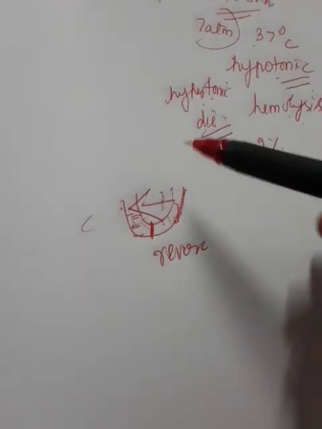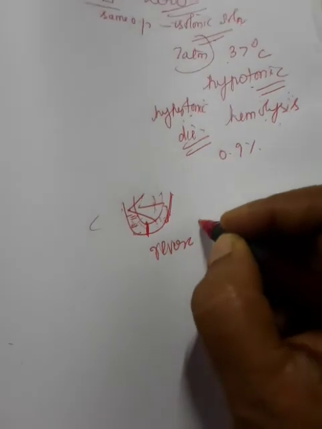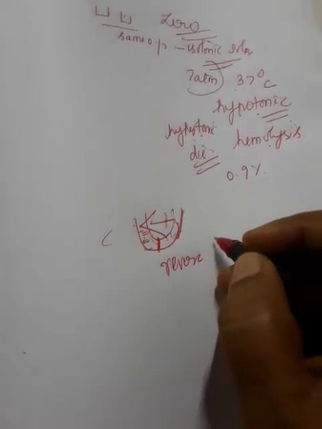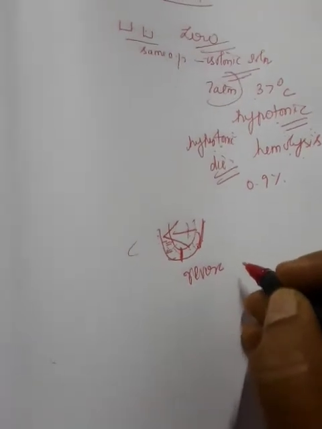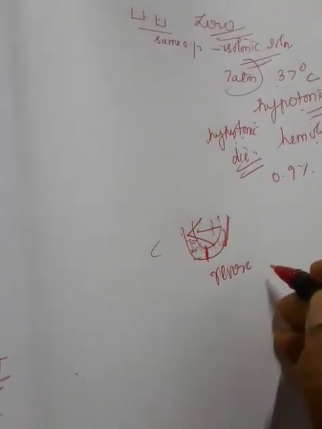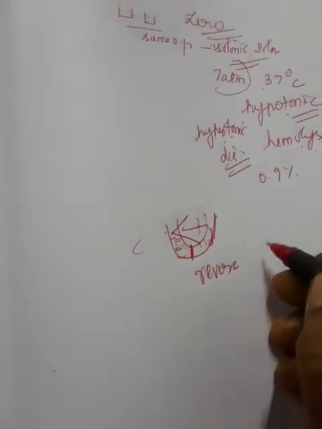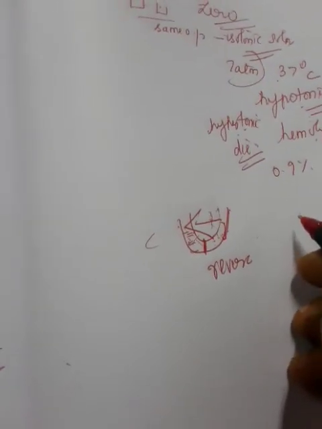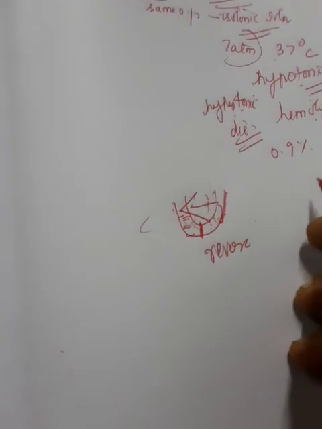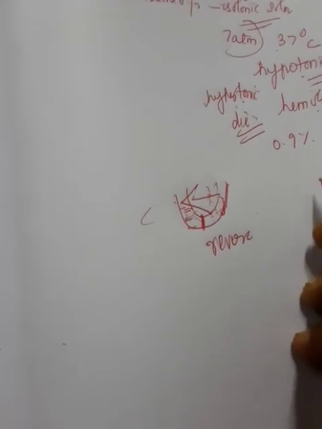The membrane used for reverse osmosis has to withstand high pressure. So generally cellulose acetate or polyamide membranes are commonly used. The selection of the membrane, that is the semi-permeable membrane, will be decided based on the nature of the input water.